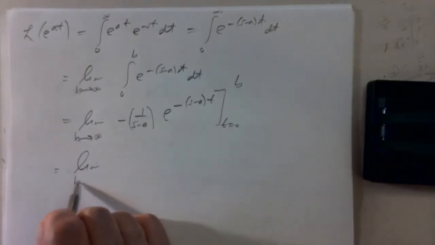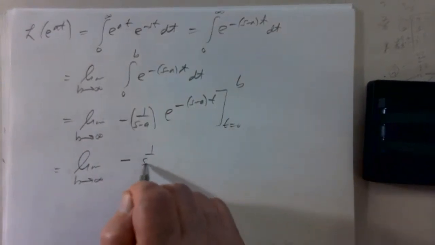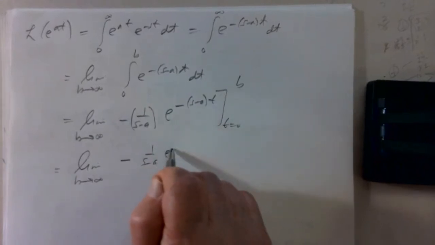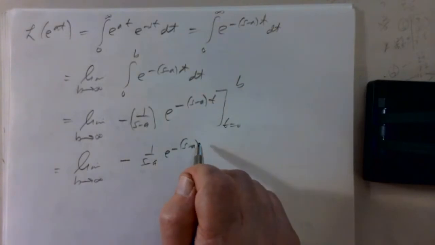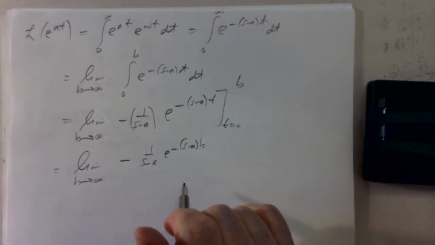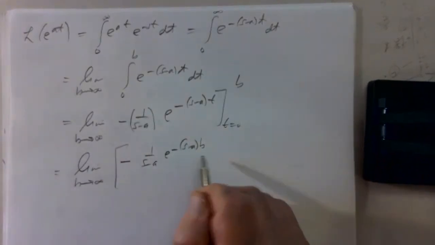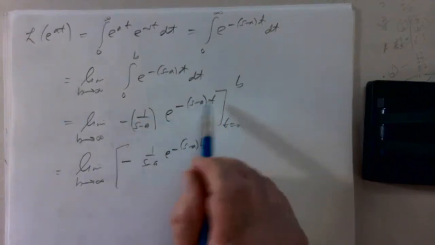That's the limit as b goes to infinity of minus 1 over (s minus a) times e to the minus (s minus a) times b, minus this when t is equal to 0. When t is equal to 0, this is 1.